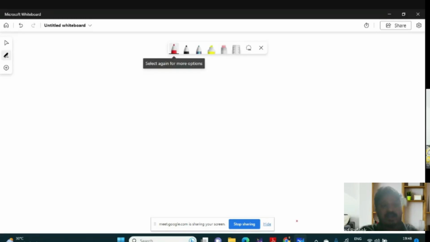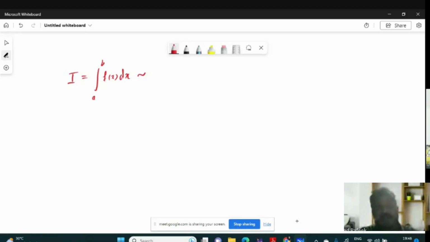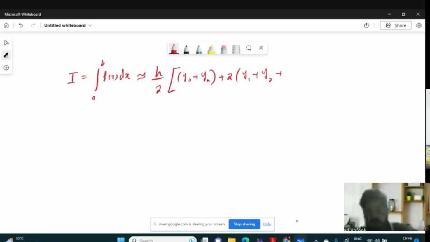Integral I, that is integral a to b of f of x dx, is approximately equal to, we know the formula for the trapezoidal rule, h by 2 [y0 plus yn plus 2 into (y1 plus y2 plus etc. plus yn minus 1)].